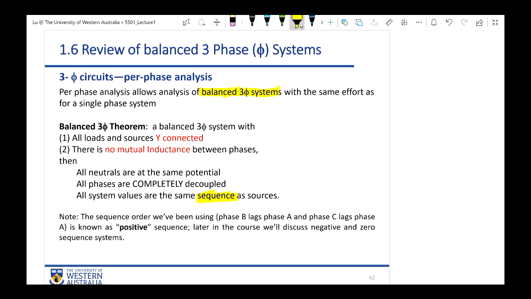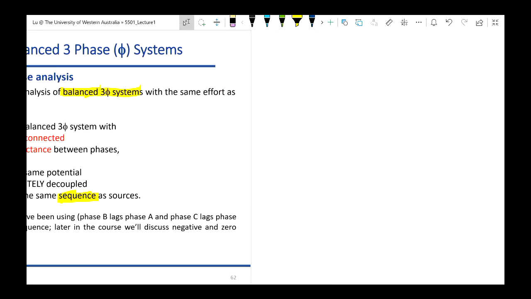So what do ABC and ACB mean? That is indicated this way. You have three phases in the three-phase power system. We call them phase A, phase B, and phase C. For the phase A, we have VA as the phase A voltage.